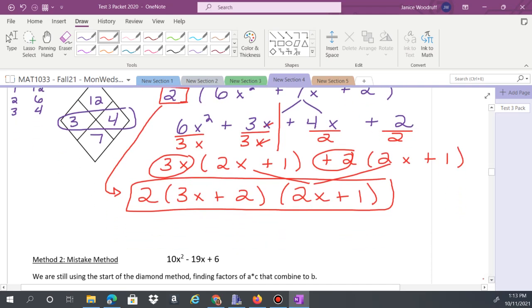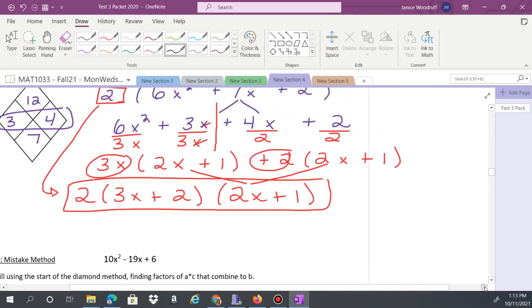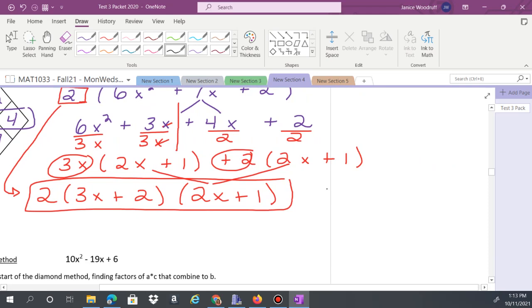And then let's go ahead and multiply that out so we can check it. I'm going to go over here to the right. So 3x plus 2, 2x plus 1 with a 2 in front. I'm going to start with FOILing on the inside. So I've got 3x times 2x, 6x squared. 3x times 1, 3x. 2 times 2x, 4x, 2 times 1, 2.